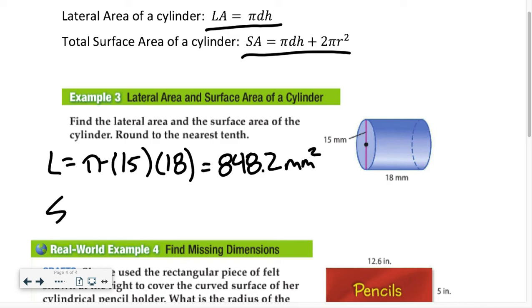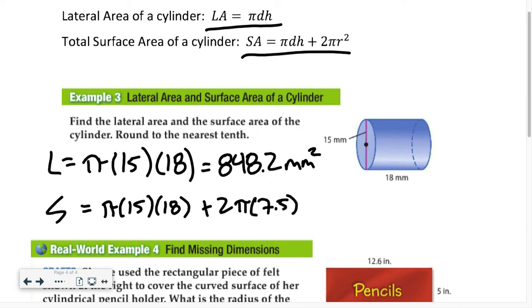Surface area equals lateral area, pi times diameter times height, plus 2 pi r squared, the area of a circle, times 2. Of course, let's substitute r. We were given the diameter was 15, so the radius would be half of that, 7.5, squared.